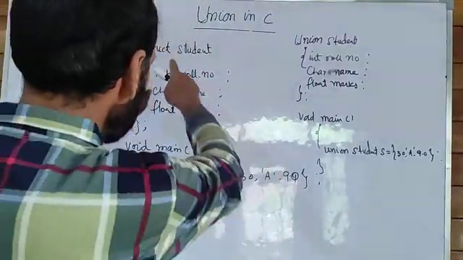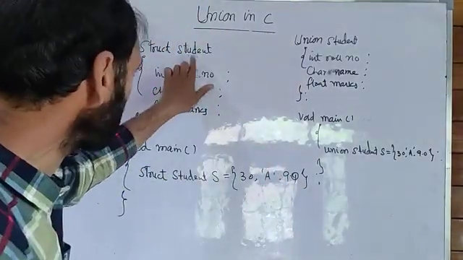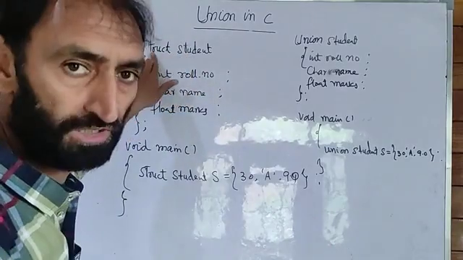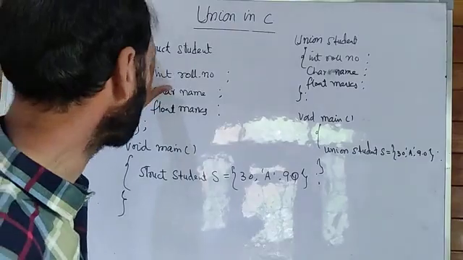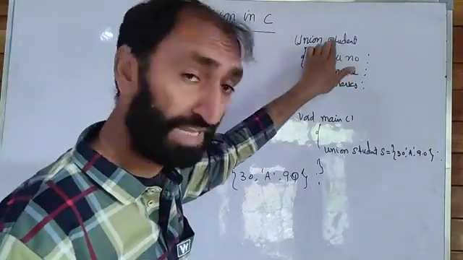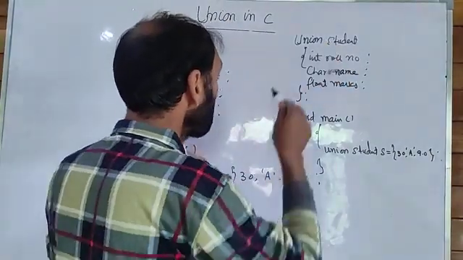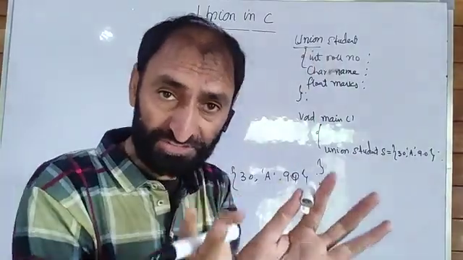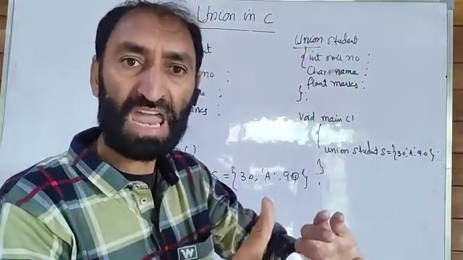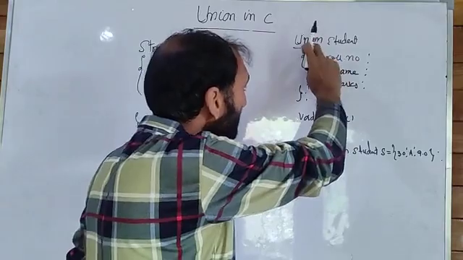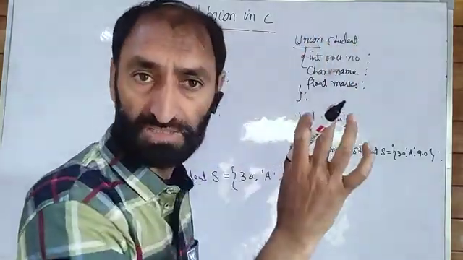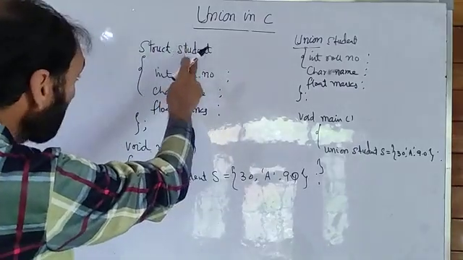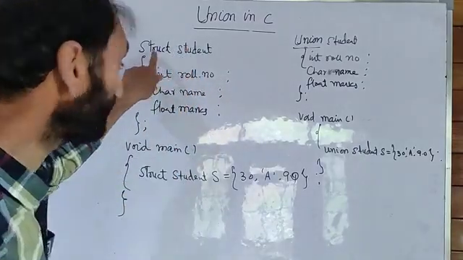The difference here is, in a structure we use the keyword struct to define a structure. But in case of union, we use the keyword union. The first difference between the structure and the union is that in a union we use the keyword union, U-N-I-O-N, to declare it, and in case of a structure, we use the keyword struct.